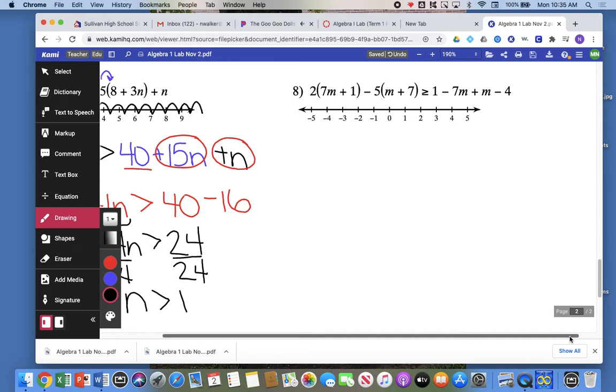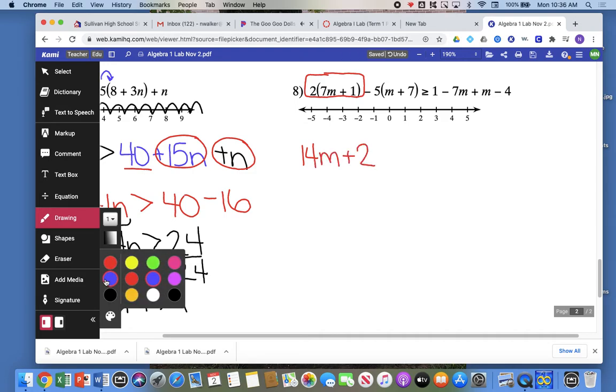Hey, it's longer, but you are still doing the same thing: distribute, rearrange, combine, divide. That's all you have to do every single time. All right, so that first distributive property, what do I get here? 14m plus 2.